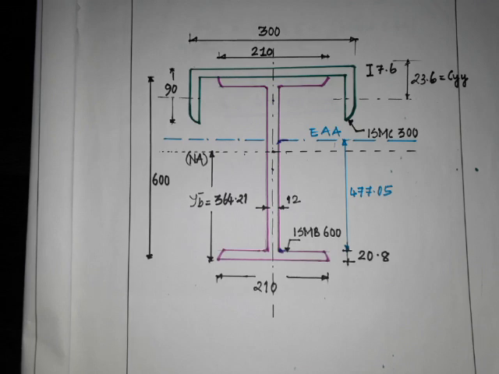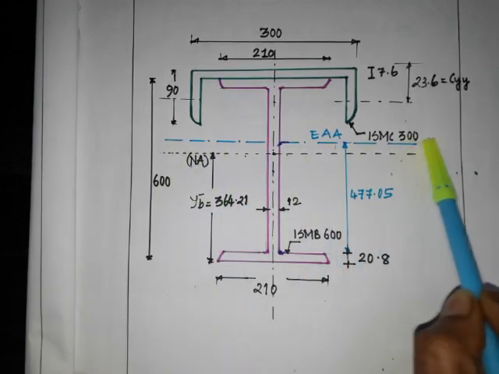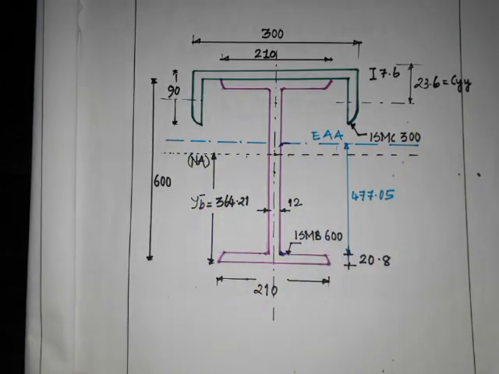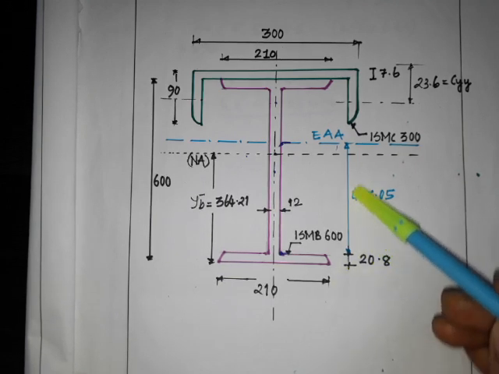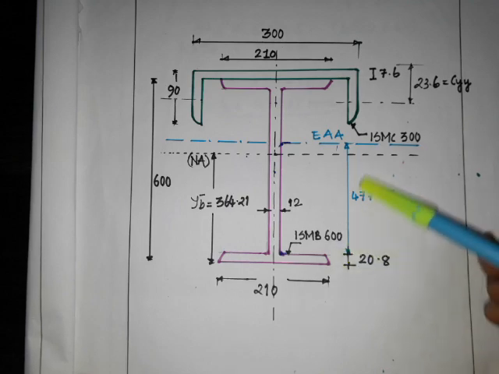For the calculation of plastic section modulus we have to locate the equal area axis, and in the last session we have located the equal area axis.